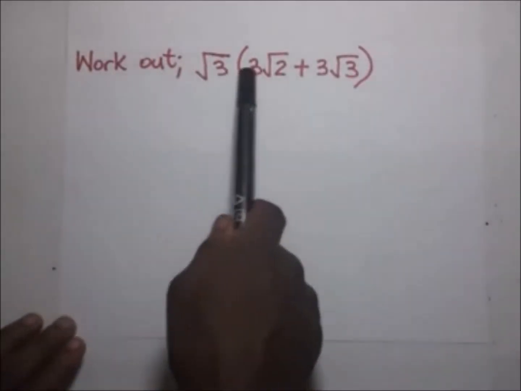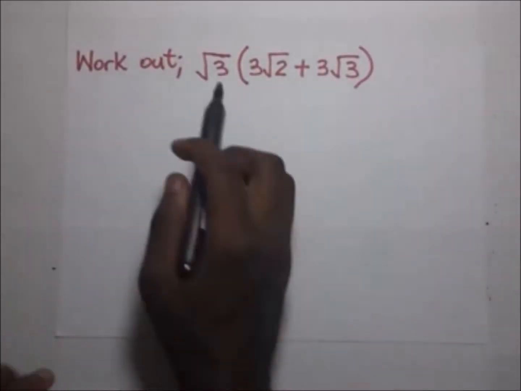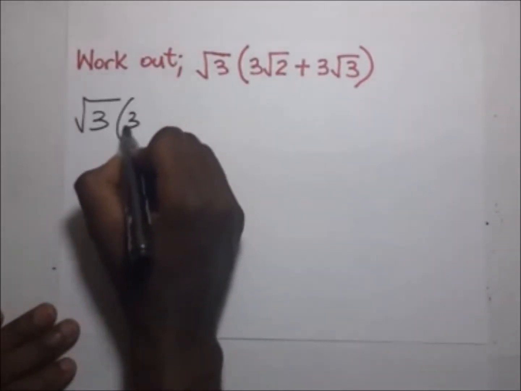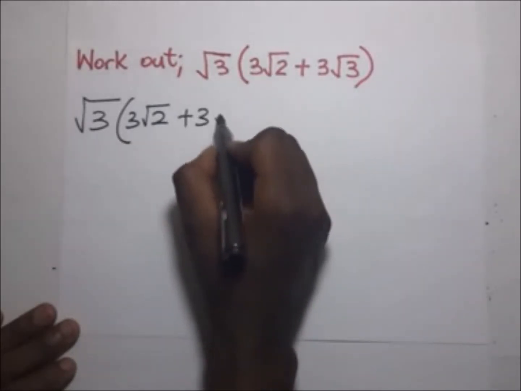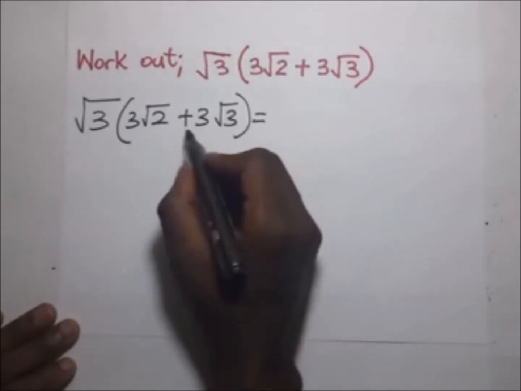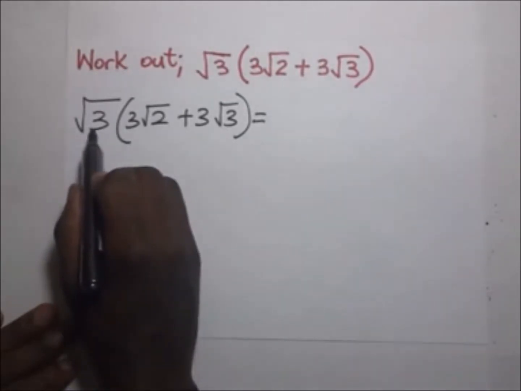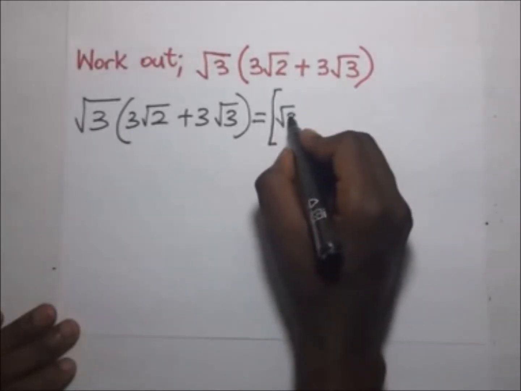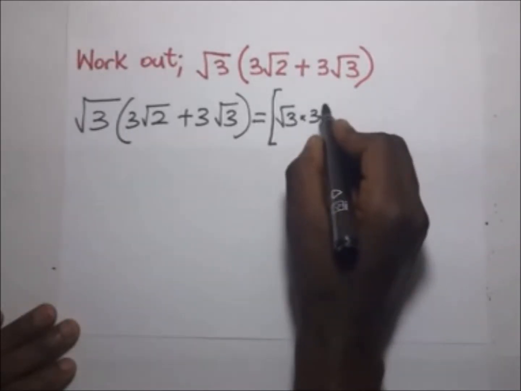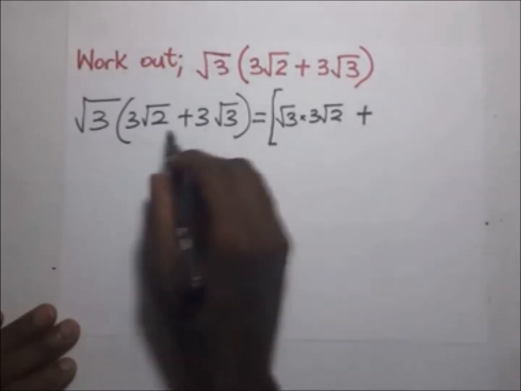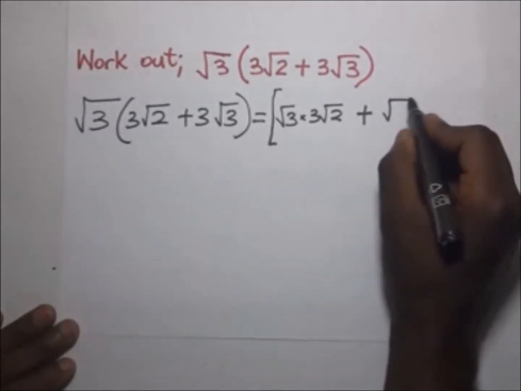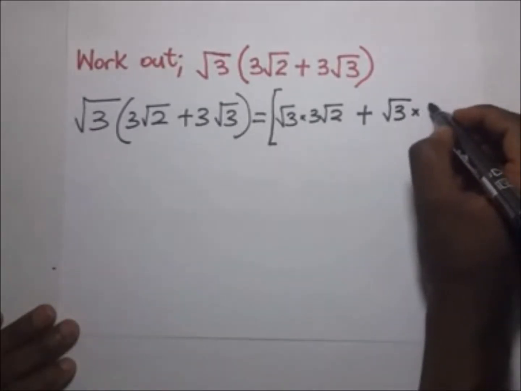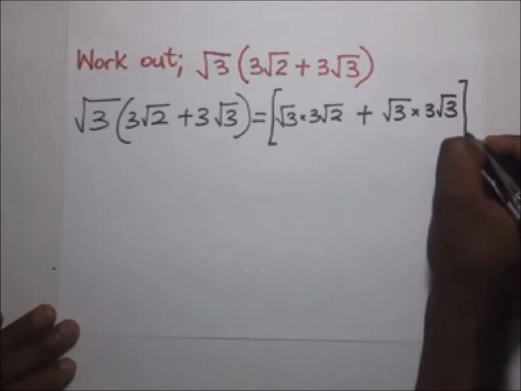Now in our illustrations we are required to work this out. So square root of 3 into 3 root 2 plus 3 root 3 is going to be equal to, so we open brackets: square root of 3 times that, so this is going to become this times that, which is root 3 times 3 root 2, plus root 3 times 3 root 3, like that.